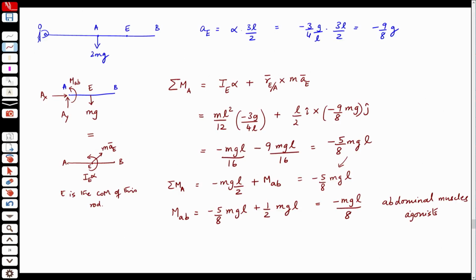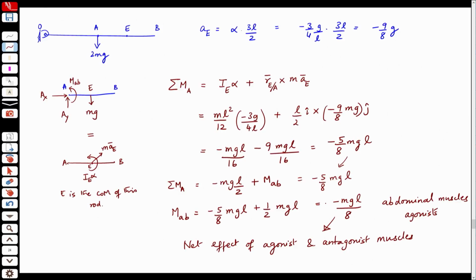So, this is actually the net effect of the agonist and antagonist muscles. In this case, the antagonists are the back muscles, and there will be others. See, it is very difficult to isolate and say this muscle is responsible, because you have ligaments, you have so much soft tissue around in the body.